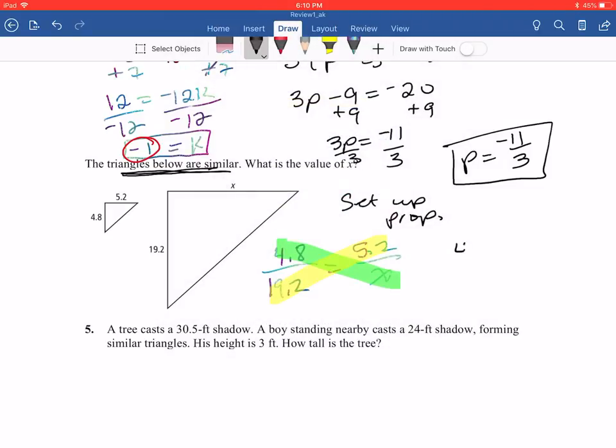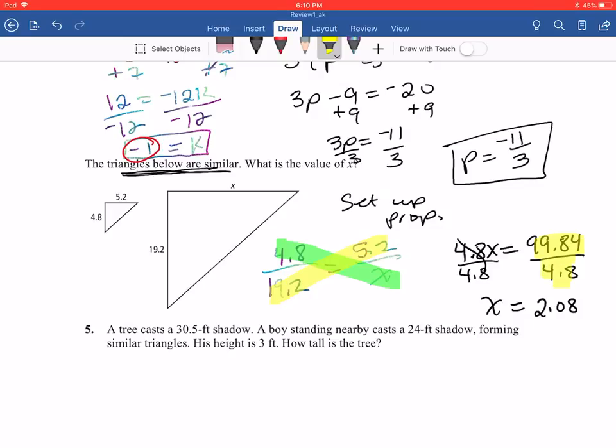So then that's going to give me 4.8x is equal to 19.2 times 5.2, which will give me 99.84. I'm going to divide both sides by 4.8. So then this will become x and divide by 4.8. That will give me x is equal to 2.8.